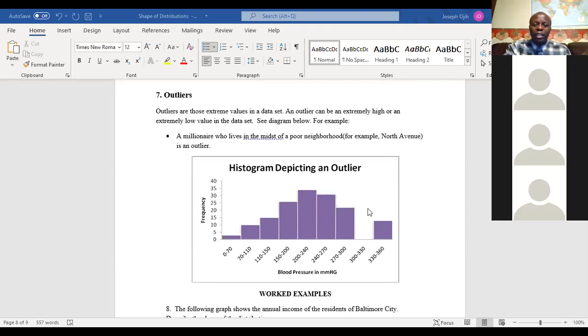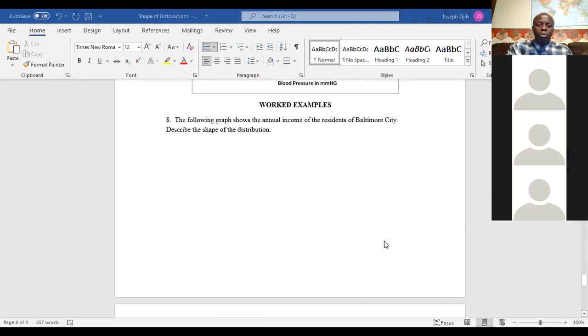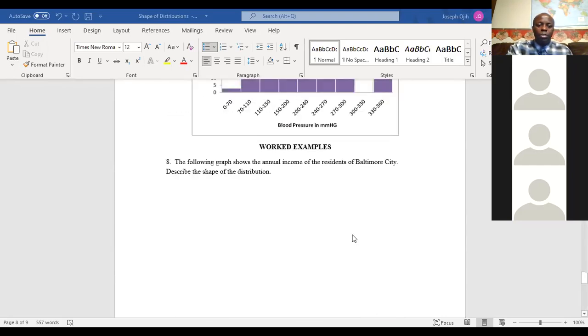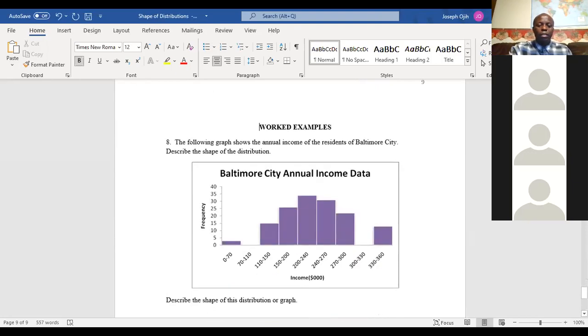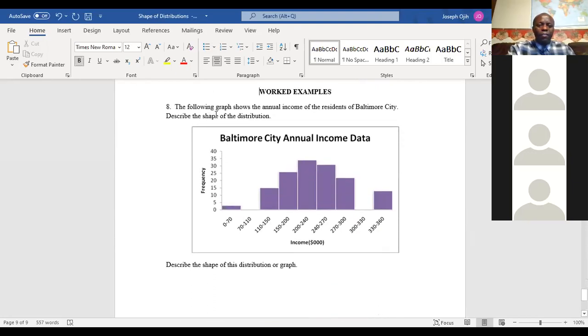This is how we represent the outlier in a histogram. See, this is the outlier right here, standing separate from the group. For example, let me push this down so that we can solve this question. See, look at this. It says, the following graph shows annual income of the residents of Baltimore City.